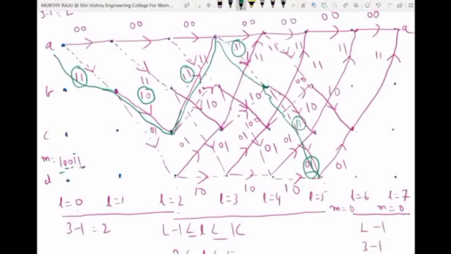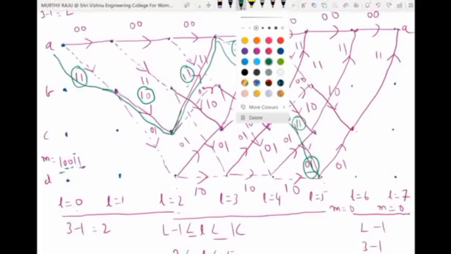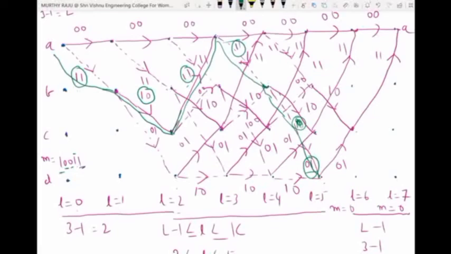B to C is 1 0. This is 0 1. B to T is 0 1.